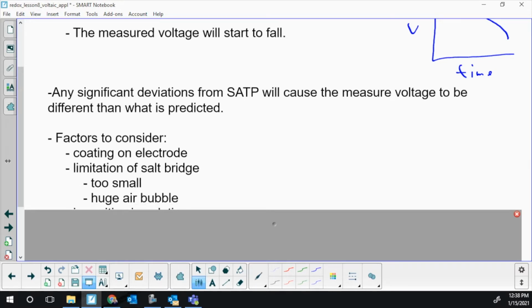If you don't have a proper salt bridge, your cell won't run optimally. So if you had a teeny tiny salt bridge that was 1 millimeter in diameter and the ions couldn't move fast enough, or you had a huge air bubble.